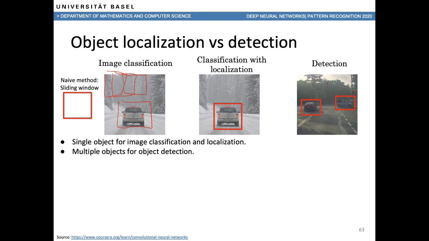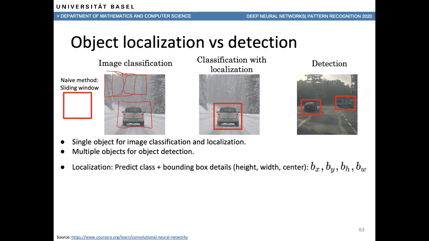This can also be done a bit simpler, at least for localization. So instead of only predicting the class that we're seeing in the image, we could also predict the bounding box. And this could be done by, for instance, besides providing the image, also providing the center of this box, the x and y coordinates, and then also the width and the height of the box where our object is located.